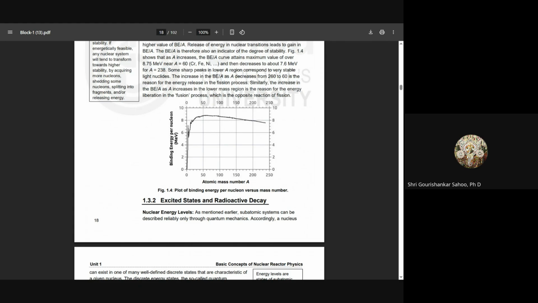Similarly iron, nickel, chromium are stable nuclei, and the value is around 8 mega electron volt. Then it decreases slowly, and you arrive at 238, the maximum A possible for an atom in the curve.